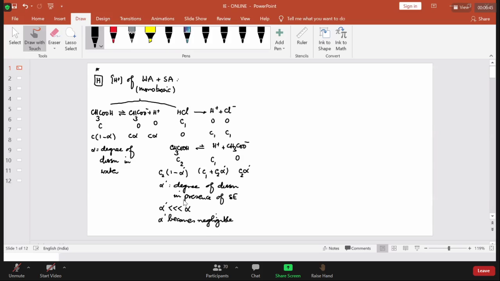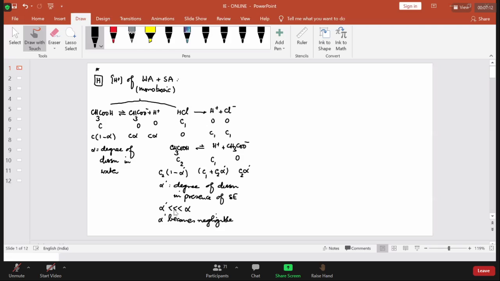Hence, if you have a weak electrolyte in presence of a strong electrolyte, our question is, what is the pH value? Our mind says very simple: to find pH, take H plus ion concentration. Where from? Take it from HCl and from acetic acid. No, it is wrong. Why?